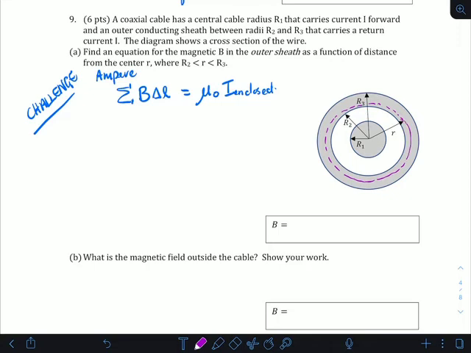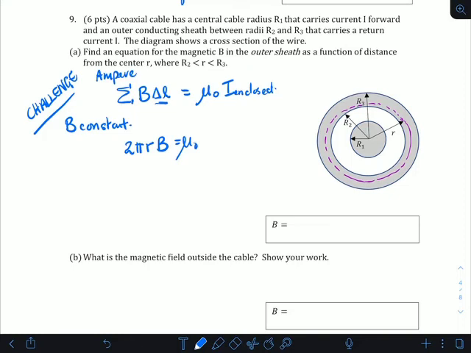Since B is constant across this loop, I can say that this whole side is equal to the sum of all the little segments. So it's really the circumference of the circle times the magnetic field, and that's equal to mu naught times the current enclosed. Now what's the current enclosed?